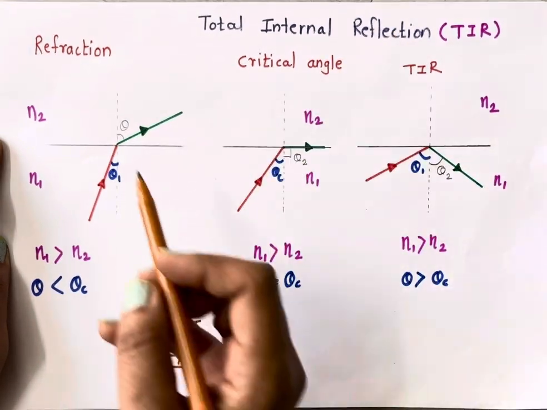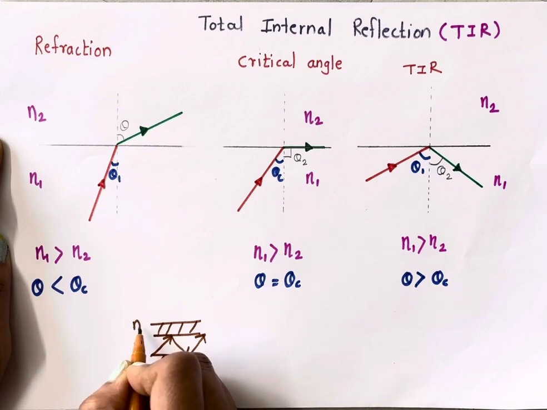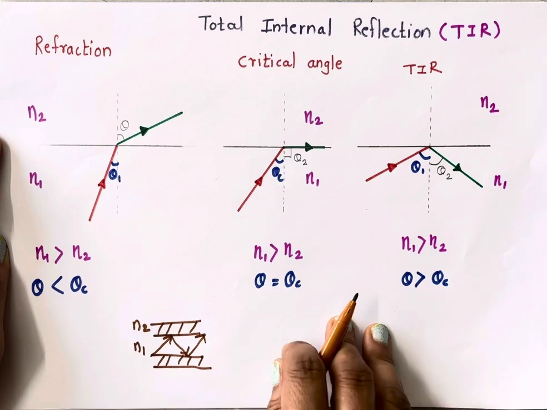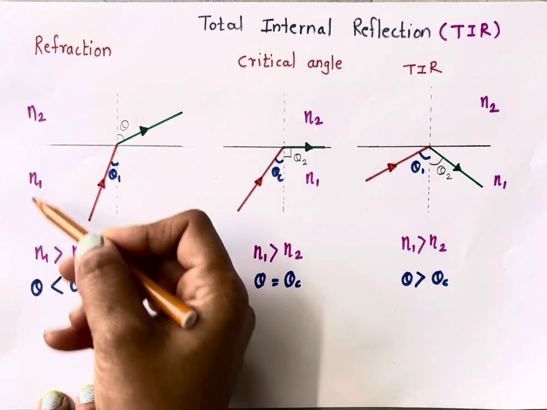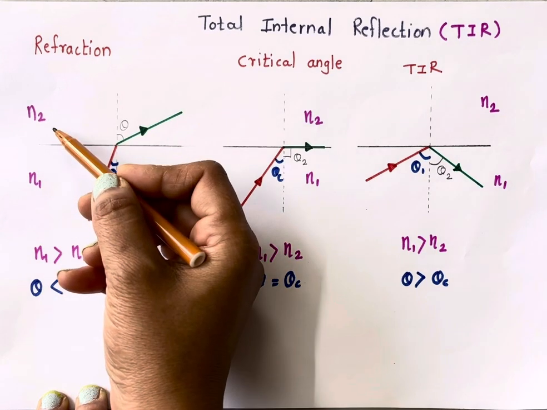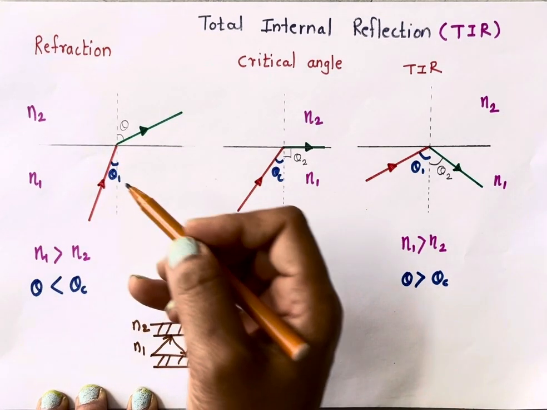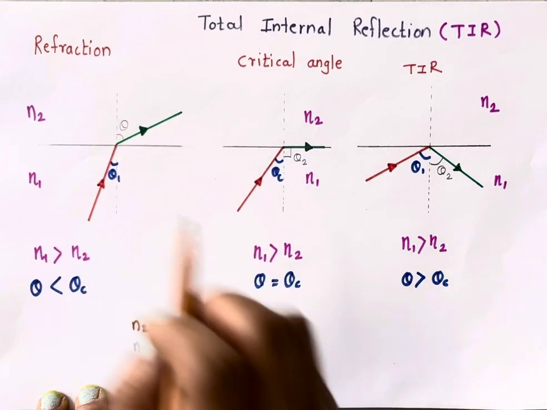So refraction is, see, there is some refractive index for core, there is some refractive index for cladding, N1 and N2. You need to remember in optical fiber communication, always refractive index of core is greater than that of cladding's refractive index. So that it means core is much more denser than that of cladding.